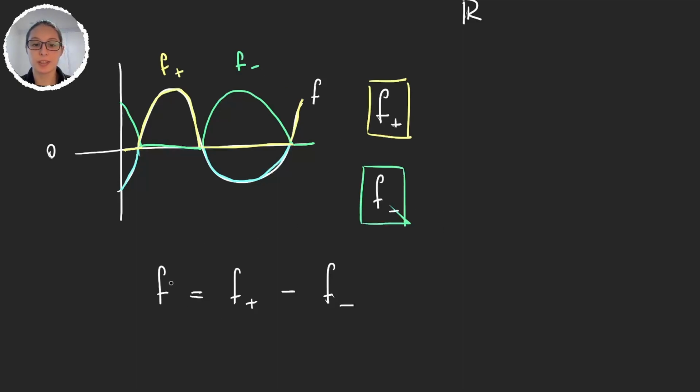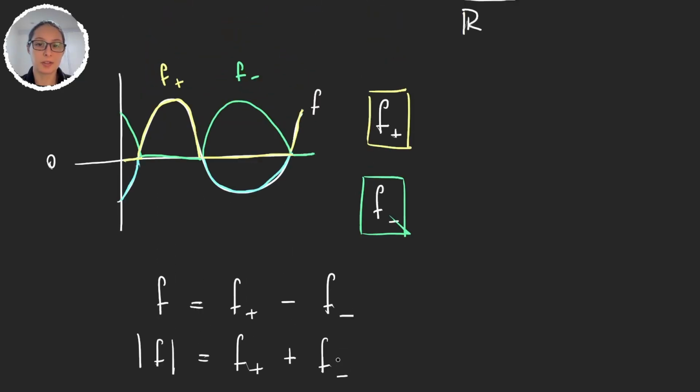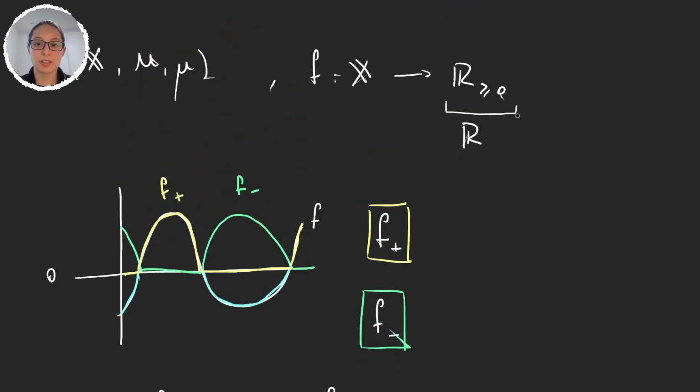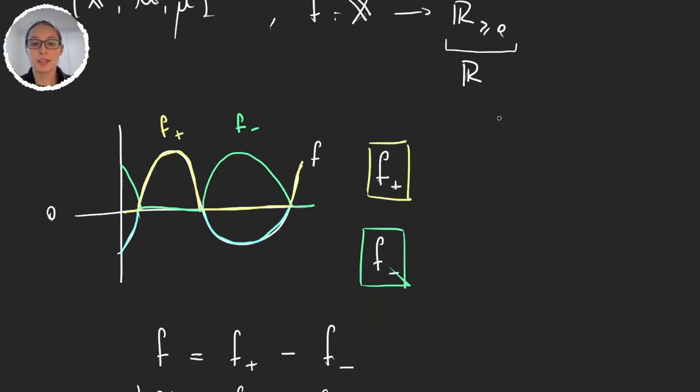So now we can write f as f plus minus f minus, because I have to reflect it back to the blue line. And the absolute value of f is just f plus plus f minus. Now here we are just considering functions that go to the real numbers. And we could do all this also for functions that are complex by dividing each of the real and imaginary parts in their positive and negative parts.